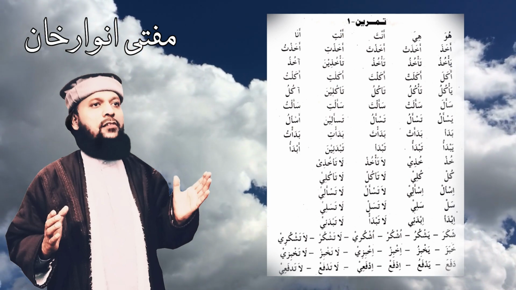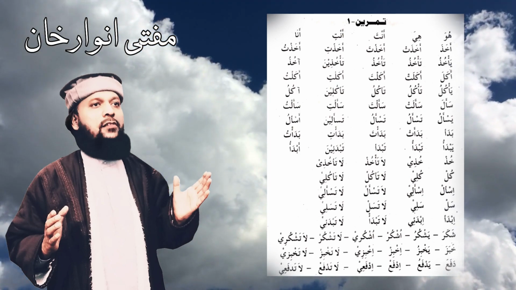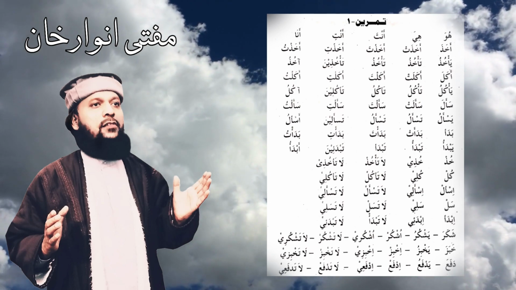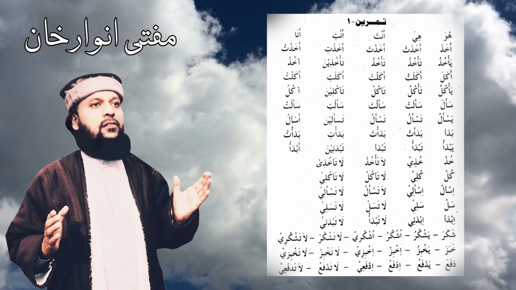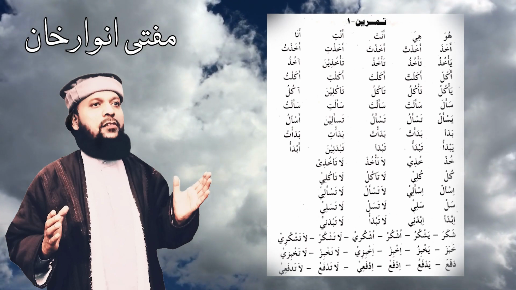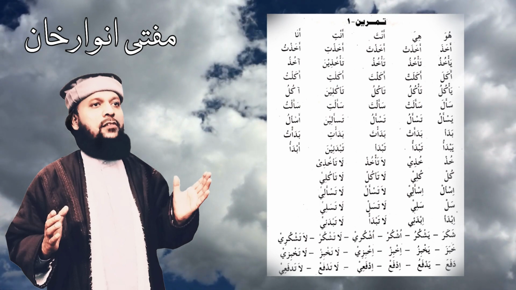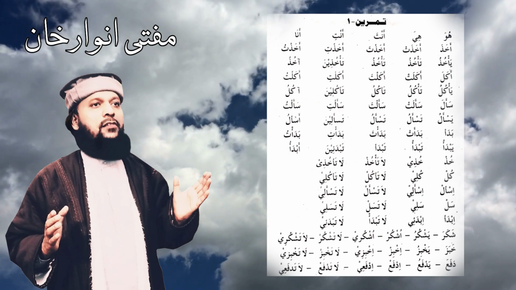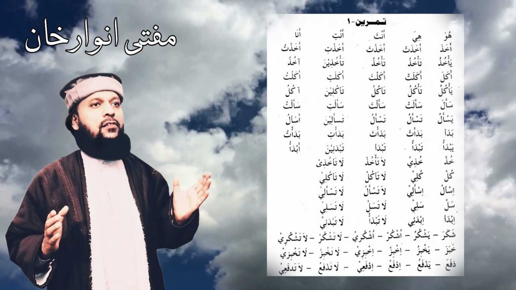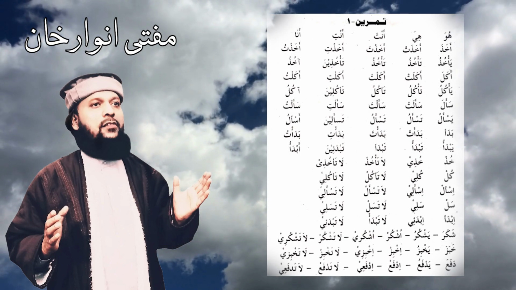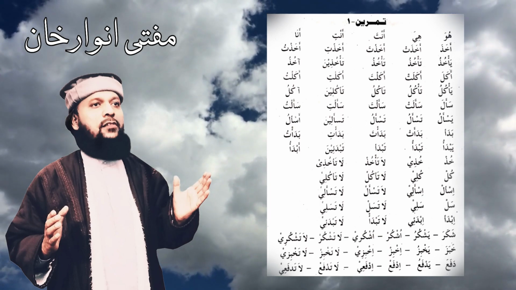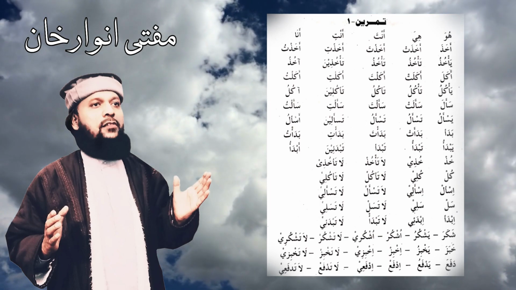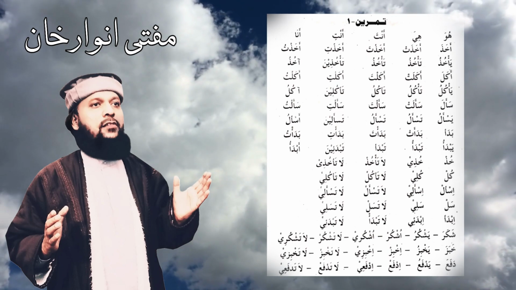Okay, akhadha, he took. Akhadat, she took. Akhadta, you took. Akhadti, you feminine took. Akhadtu, I took, for masculine and feminine both. Ya'khudhu, he takes. This is mudare. That was past and madi, and this is mudare. Ya'khudhu, he takes. Ta'khudhu, she takes. And ta'khudhu, you take.